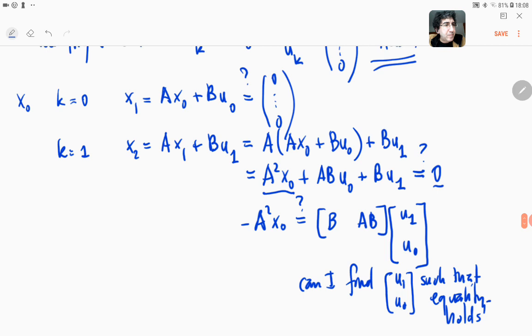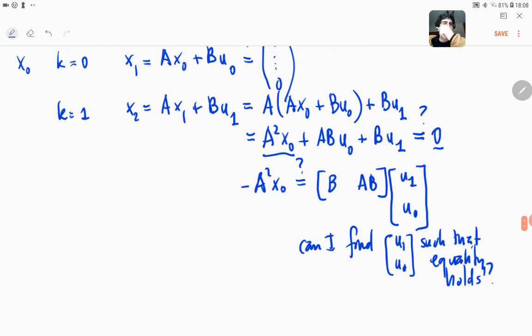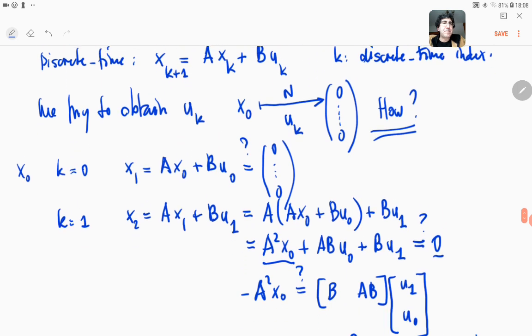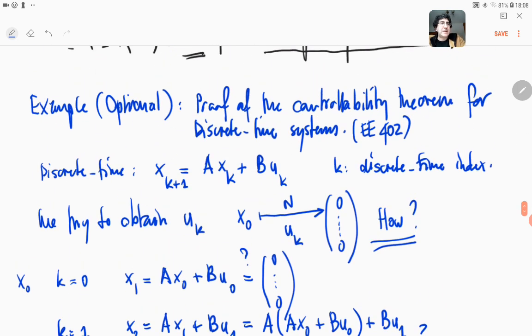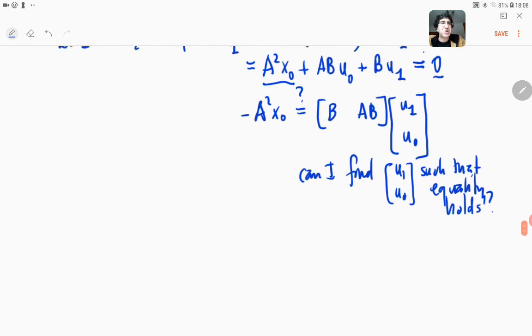Now at this point, [B AB] is not a square matrix yet, because, let's say that this is our nth order system, meaning that the state is of dimension n.